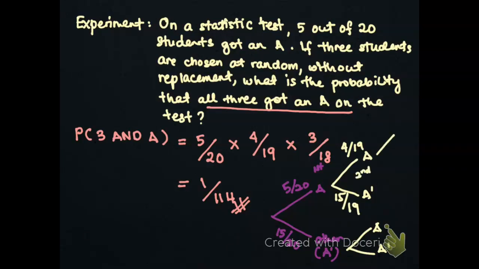The third task is a student with A and a student with A prime. Once I have drawn out a student with A for the second part, for the third part I need a student with A. It will be 3/18, and this will be 15/18. So this is another way to illustrate the information for a dependent problem.